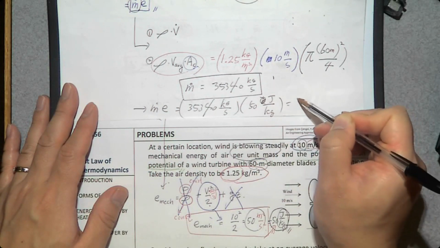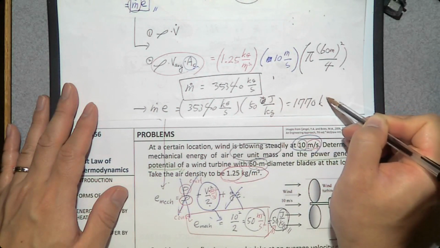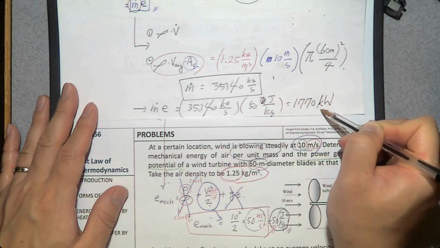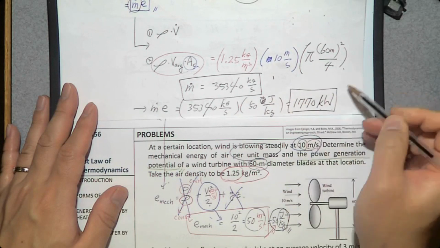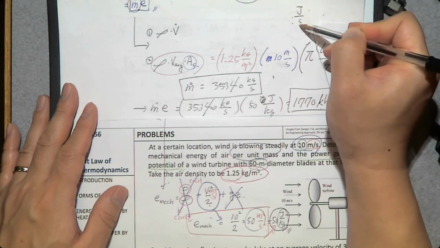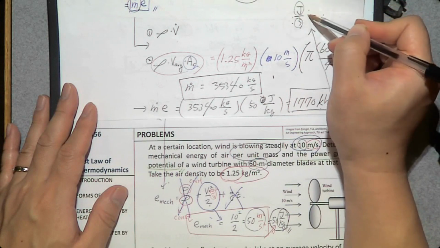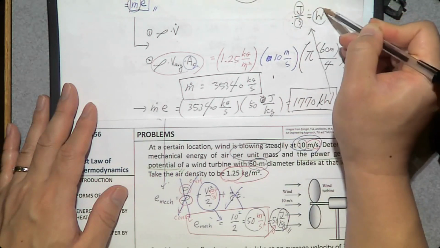So what do we get? 1770 kilowatt. Oh, what is watt? By the way, this watt is joule per second, energy per time, which is power.